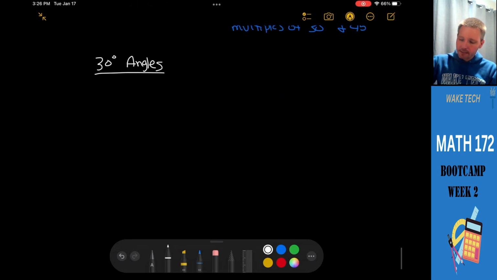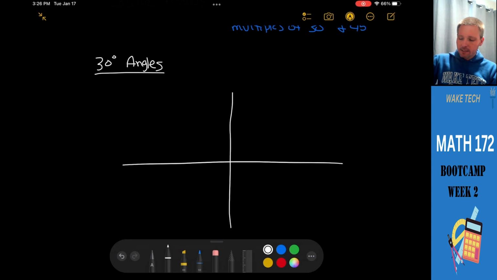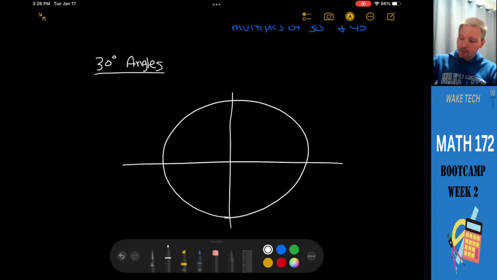All right, we're going to break this down into 4 different categories. The first one is the 30-degree angles. There are 4 angles that create 30 degrees connected to the x-axis.